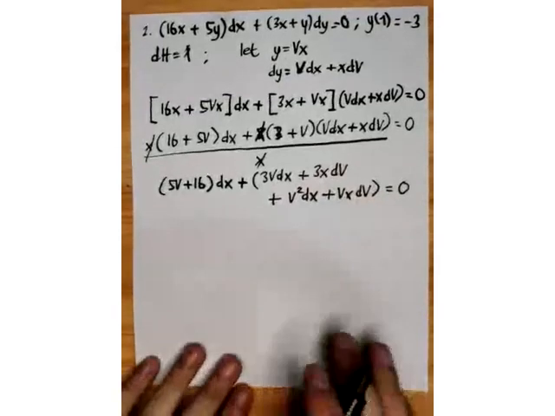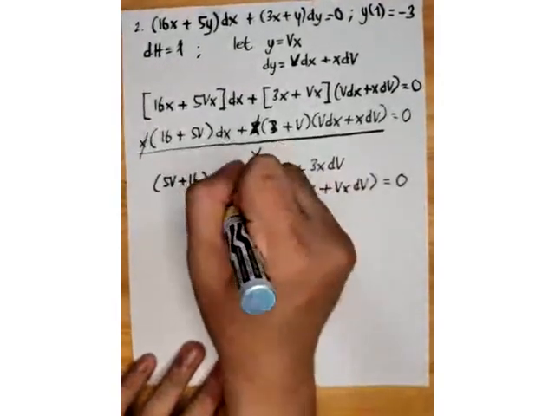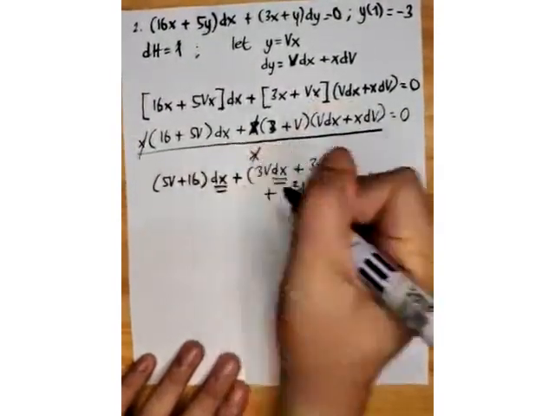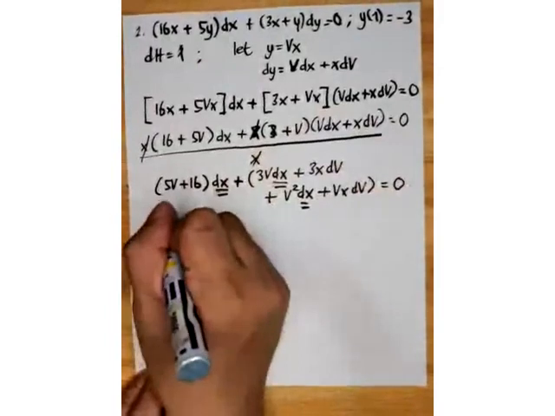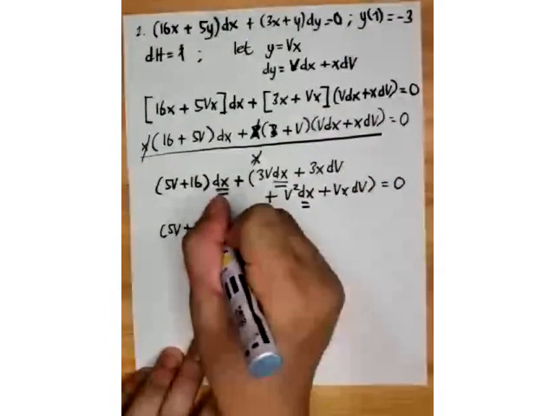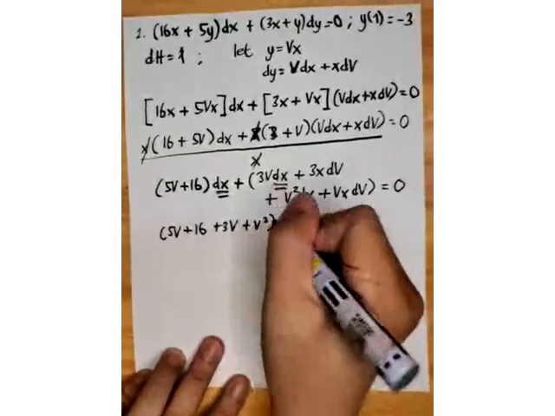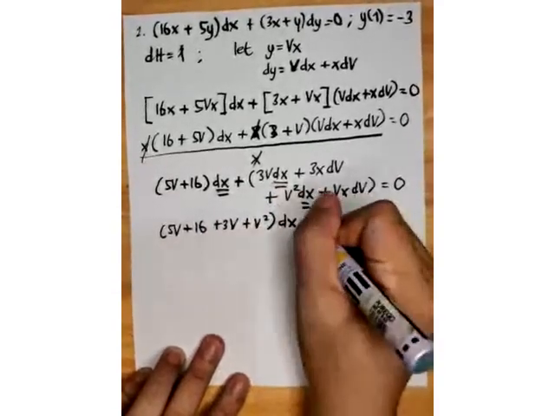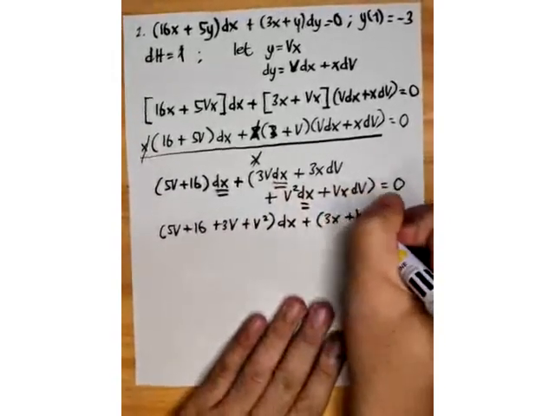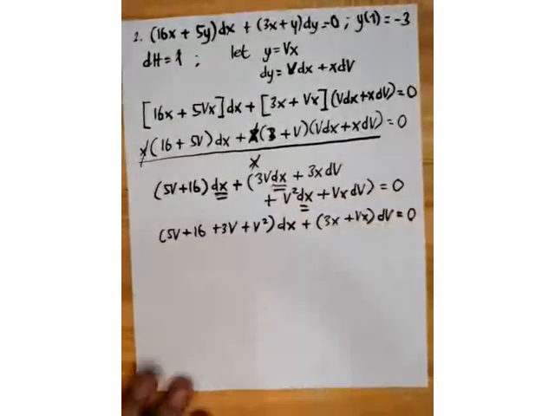Okay, so let's combine like terms. So lahat ng may dx is pagsasamahin natin. So ito, this one, and this one. So I'll have 5v plus 16 plus 3v plus v squared dx plus quantity, yung may mga dv, 3x plus vx times dv is equal to 0.